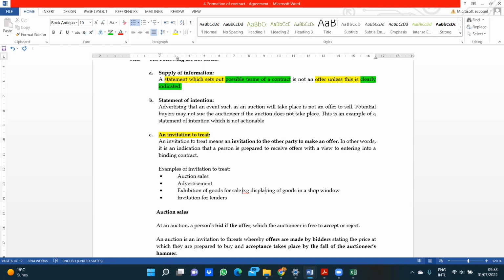Once someone sees the shoes, he wants to buy them. He negotiates. He says, I will not buy it for 1,000, but for 500. This is the offer. The display, the advertisement, is not the offer, but the person who negotiates, for example to buy something and reduce the price, makes the actual offer.